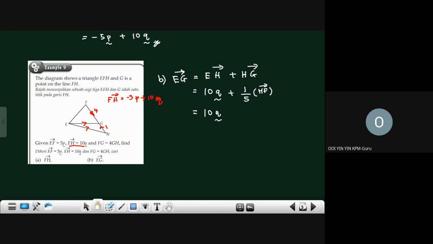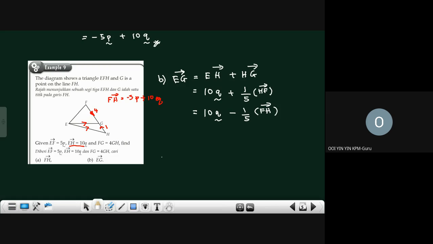The direction we want is HG, so consider HF. But we have FH, meaning the other direction. So the different direction, that means your positive here we change to negative, then it's still 1 over 5, then here becomes your FH.